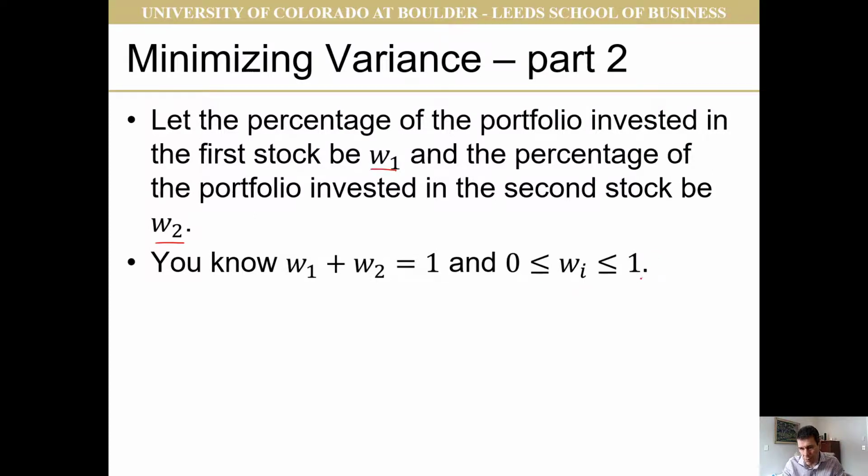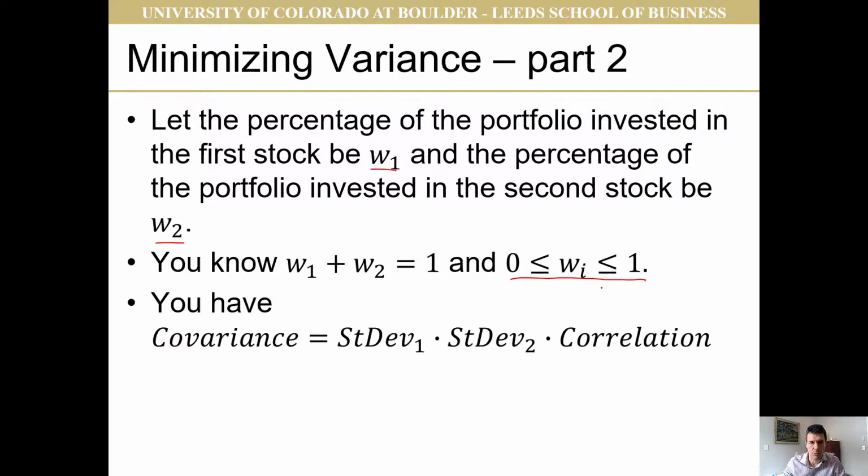So right now, what this actually means is that we're assuming we cannot short any stocks. So basically, we're going to have a positive percentage in both stocks. So we have covariance is the first standard deviation times the second standard deviation times the correlation. First standard deviation is 20%, second standard deviation is 15%, correlation is 20%, therefore the covariance is 0.006.